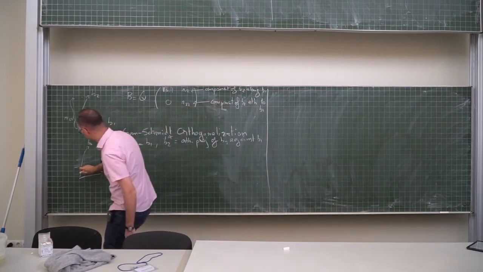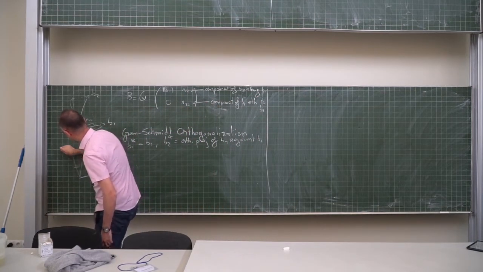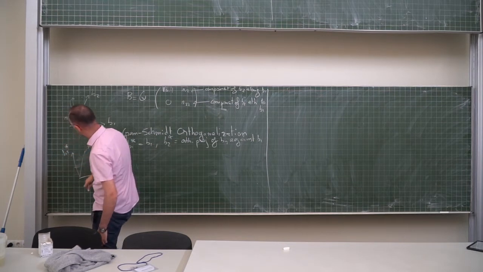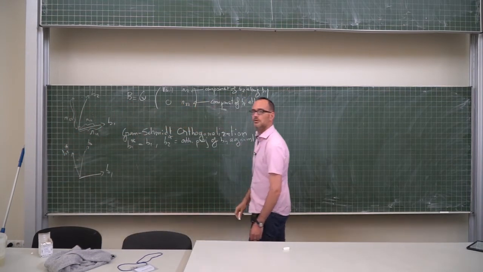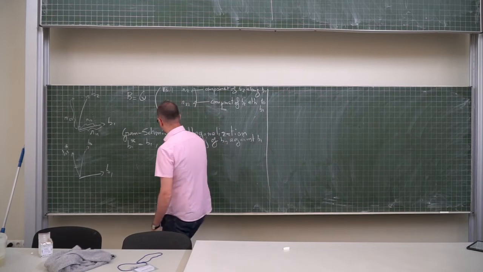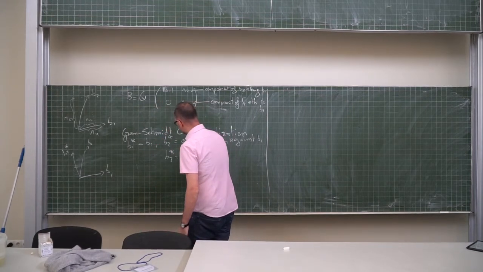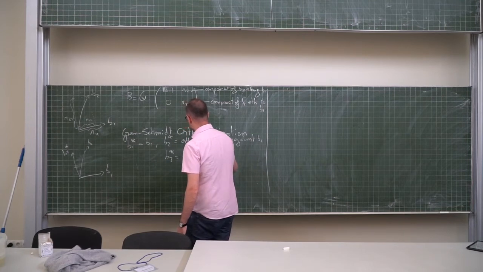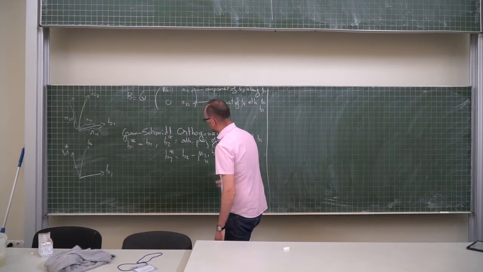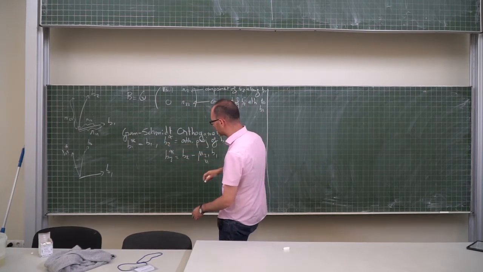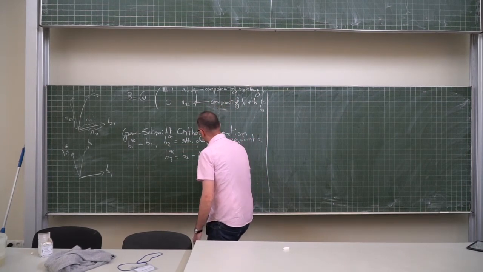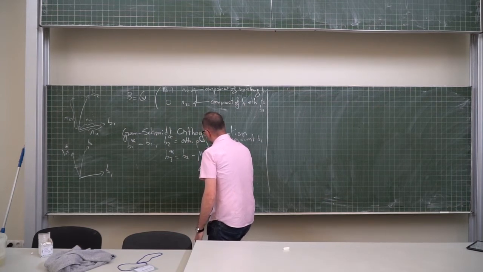Okay, so that would be B2 star. Okay, and you can define B2 star as B2 minus mu21 B1, where this mu21, so you can compute things explicitly. So this is B2 inner product B1 divided by B1 squared.